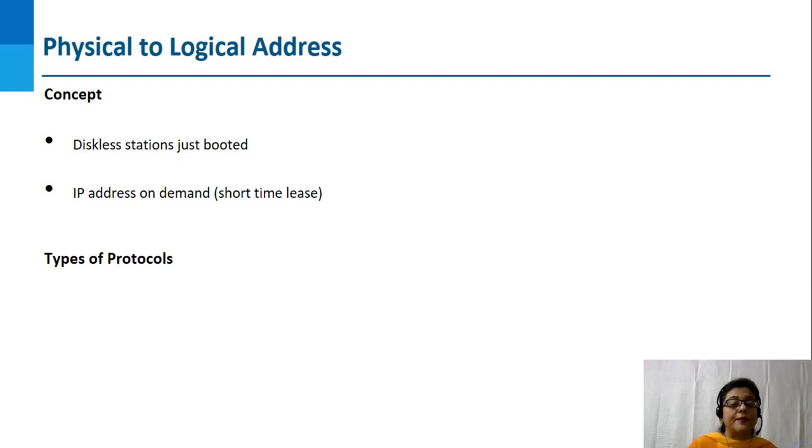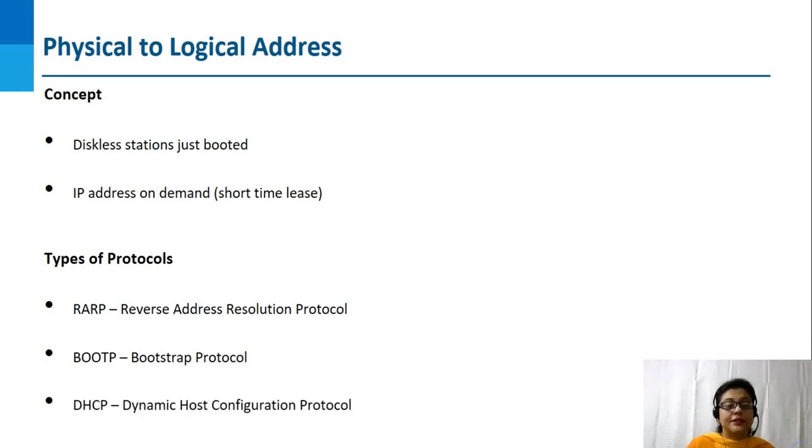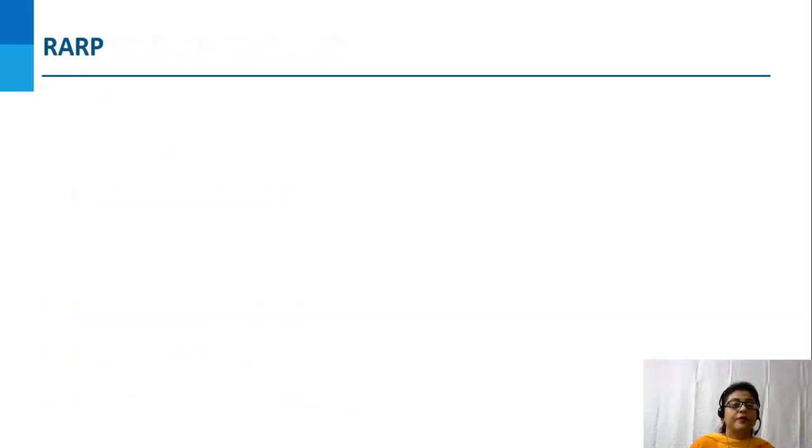Now, what are the different types of protocols that are used to map the physical address to logical address? There are basically three types of protocols which we will be discussing in this video. One is reverse address resolution protocol, also known as RARP. The second one is bootstrap protocol, known as BOOTP. And the third one is Dynamic Host Configuration Protocol or DHCP. Let us learn them one by one.